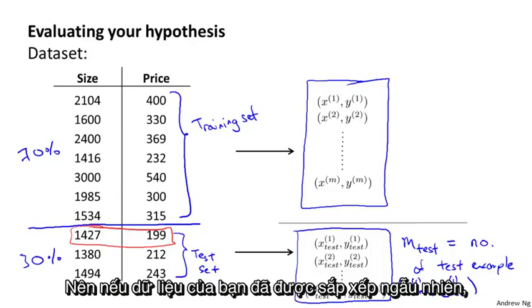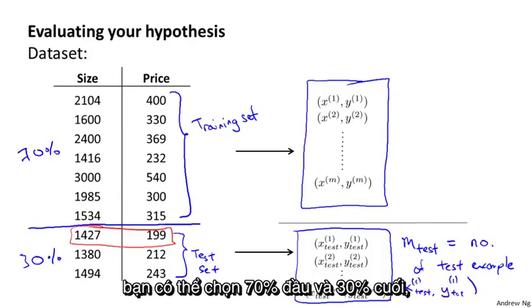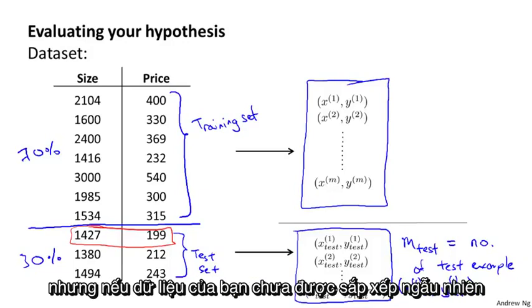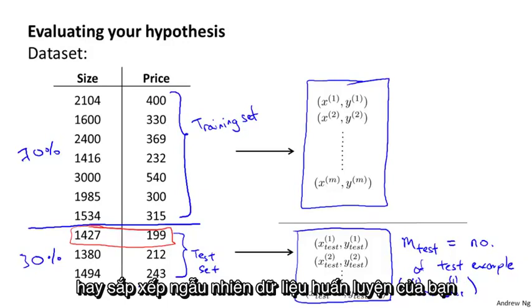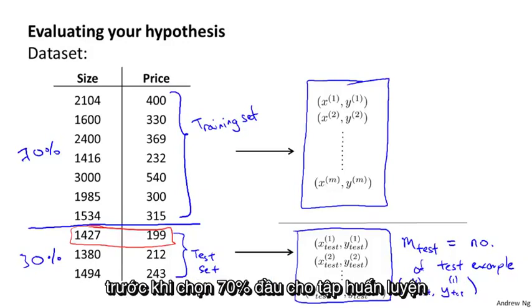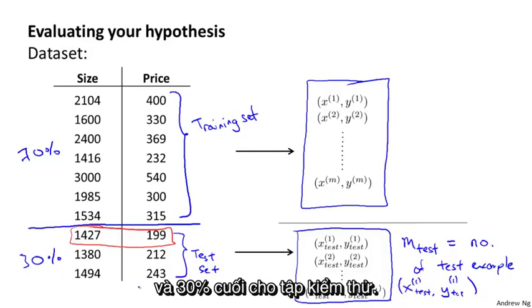So if your data were already randomly sorted, you could just take the first 70% and last 30%, but if your data were not randomly ordered, it'd be better to randomly shuffle or reorder the examples before sending the first 70% to the training set and the last 30% to the test set.